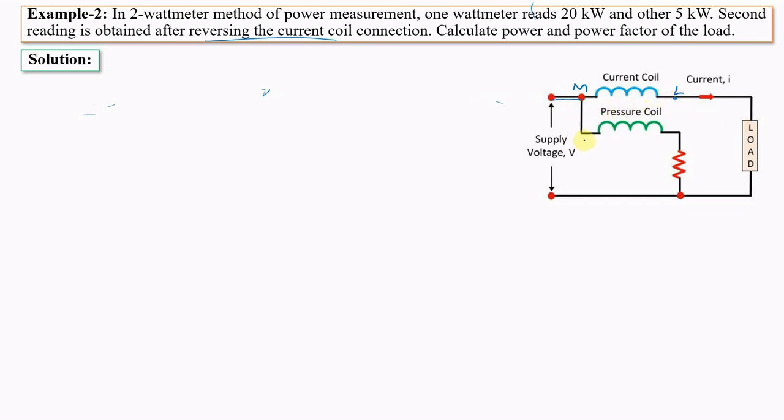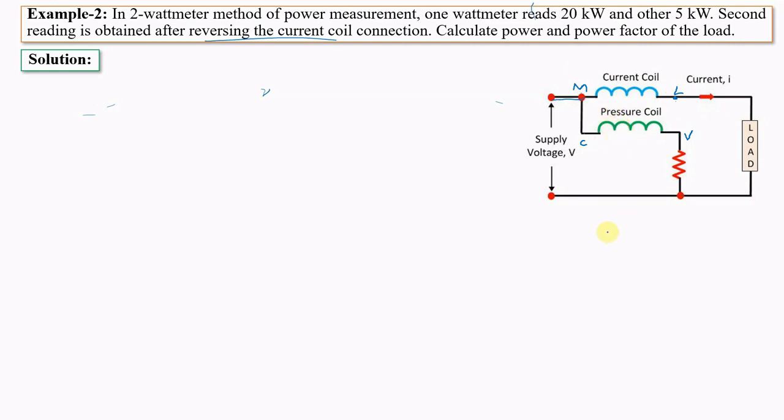And the pressure coil is represented by the terminals C and V, where C is connected with the phase and V is connected with the neutral. So this is the general concept of the connection of the current coil and the pressure coil.